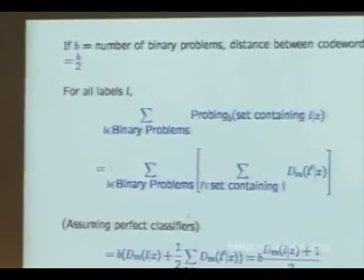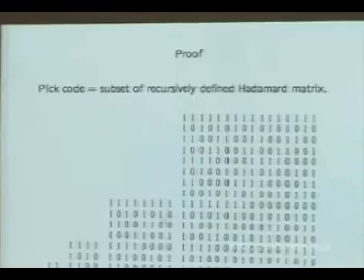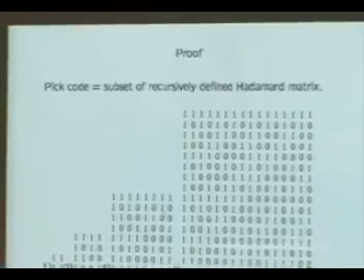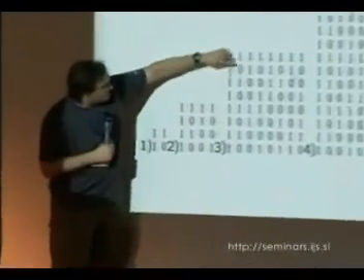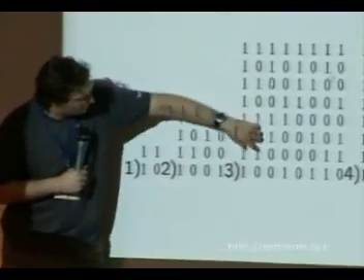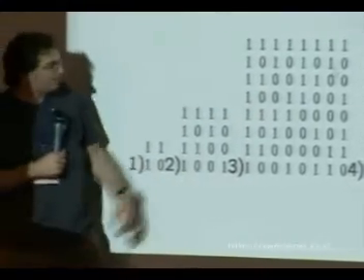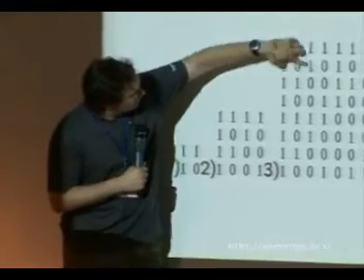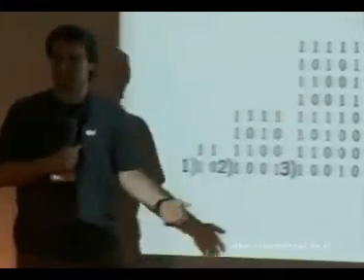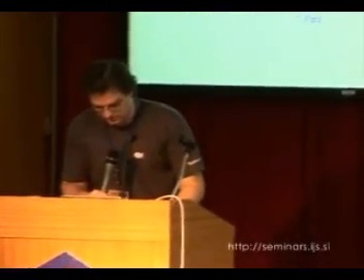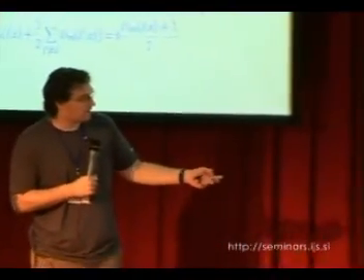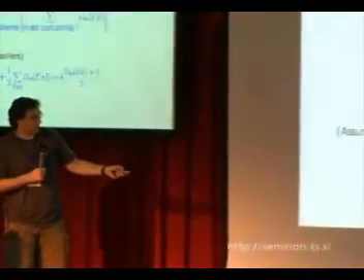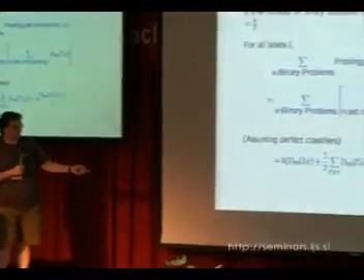So I'm label 1. Let's go back to the matrix. I'm label 1. Label 2 is going to be in my set 1, 2, 3, 4 times out of 8. Label 3 will be in the set 1, 2, 3, 4 times out of 8. Same for all labels. So that means that there are B over 2 instances of other labels.